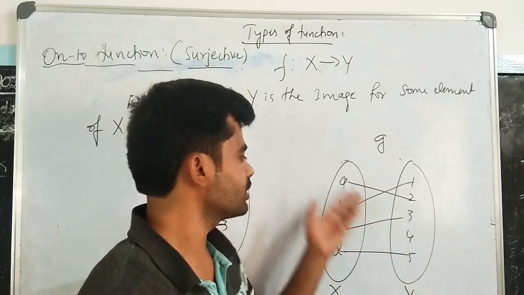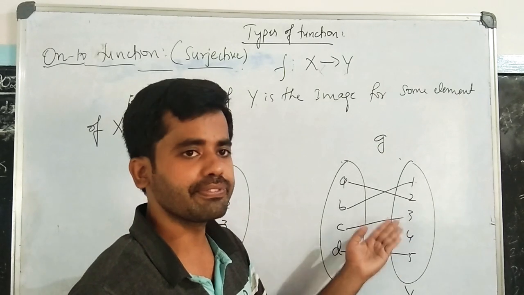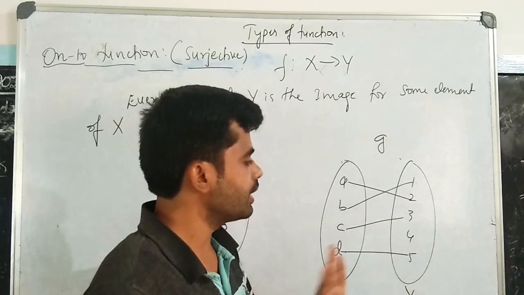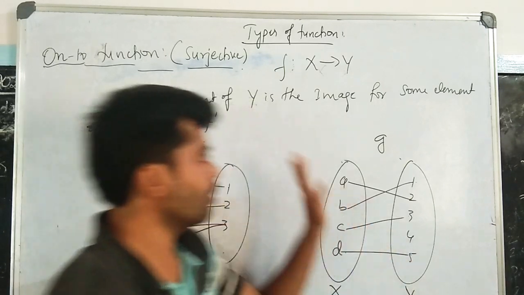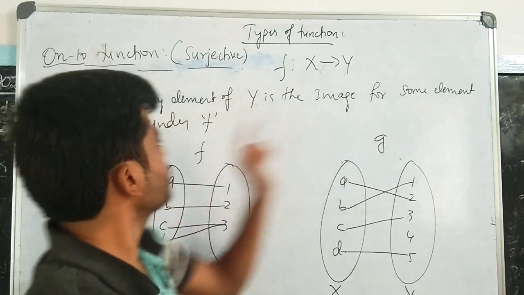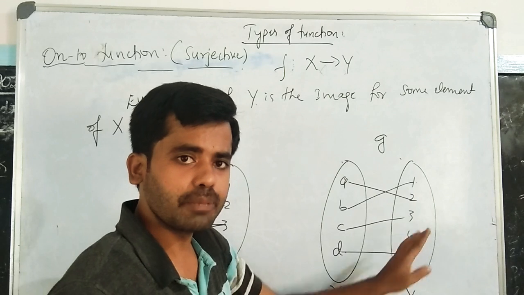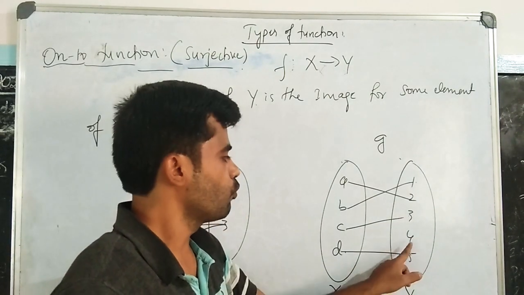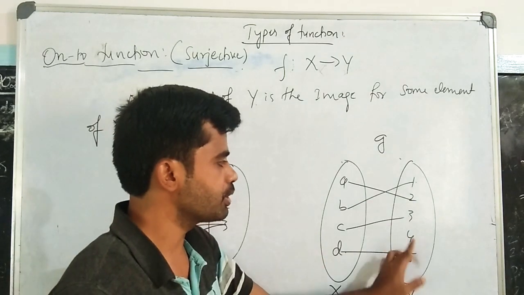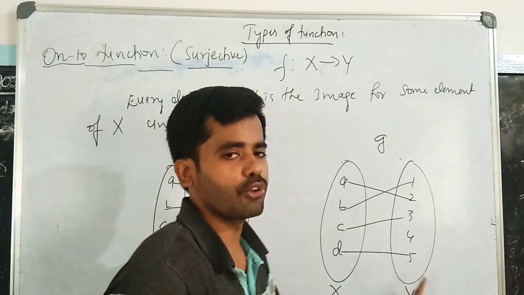It is not an image for any element of X. It is not an image means one of the elements is free in Y, and then it is not onto. According to onto, every element of Y is the image for some element of X under f. But here, according to the definition, it is not satisfied. 4 is not an image of any element. One of the elements is free, so it is not an onto function.